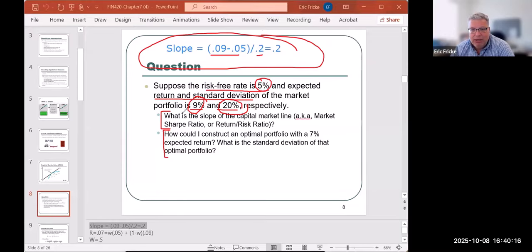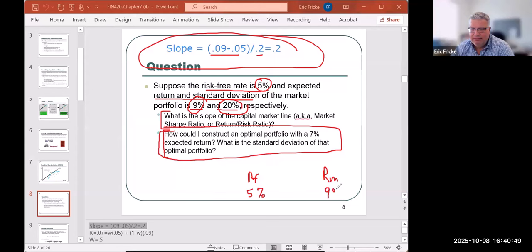And then the next question is, how do we make a portfolio of 7%? Let's look at a quick way to do this. Check this out. The risk-free asset has a return of 5%. And we're saying that the return on the market is 9%.